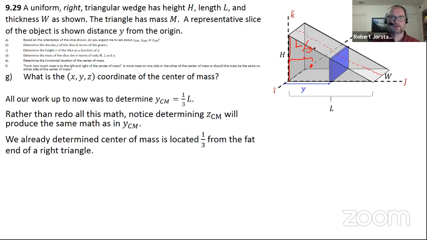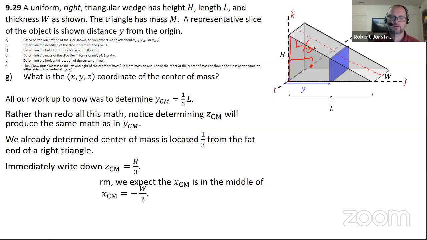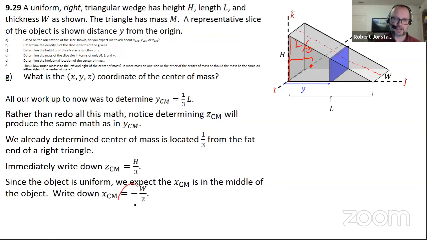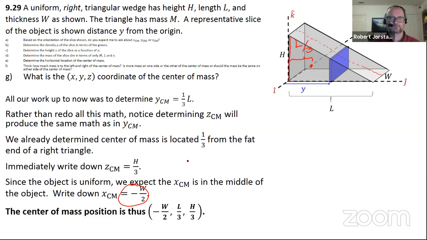Instead of redoing all the math, we'll just know that anytime you have a right triangle, the center of mass is 1/3 from the fat end. That's how I know z center of mass. And just by symmetry, we can go into the page. We expect it's w over 2. Remember, sometimes you get negatives. That just implies that it's into the page in this case, because we said out of the page was positive i hat. All right, so there's the center of mass position.